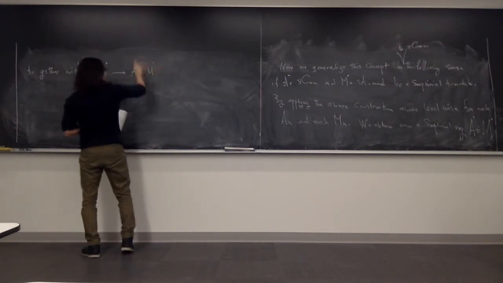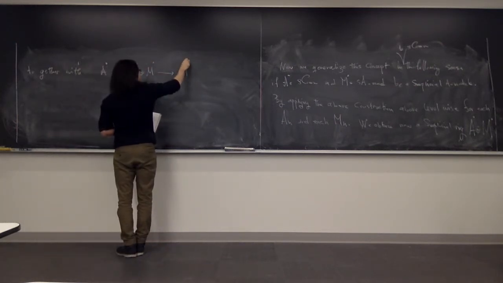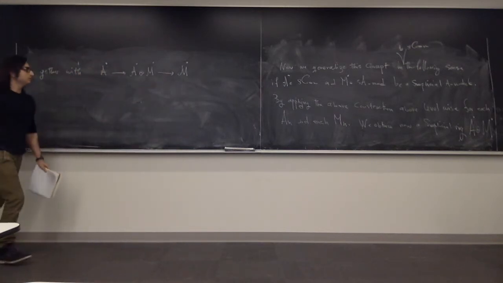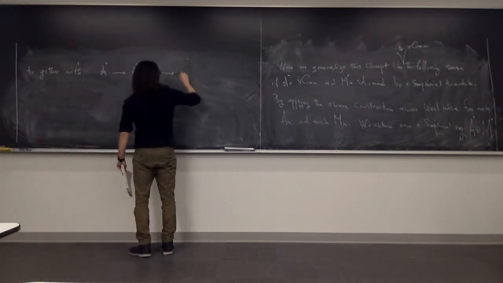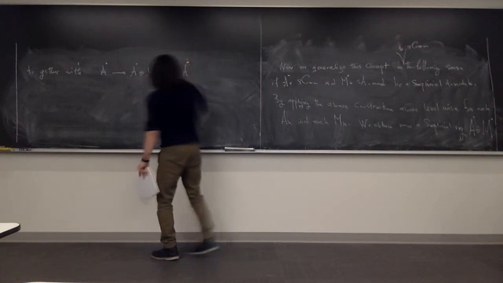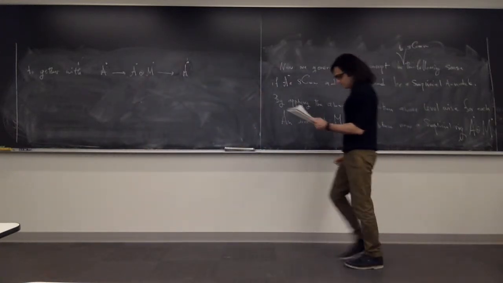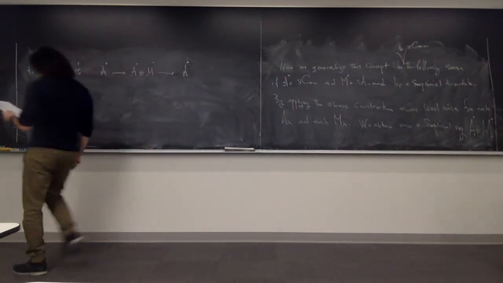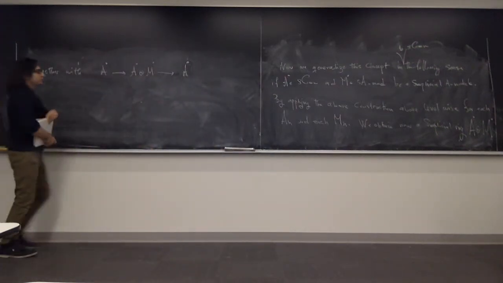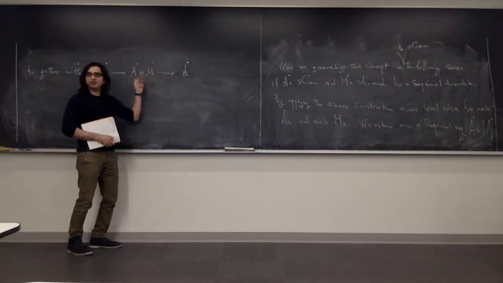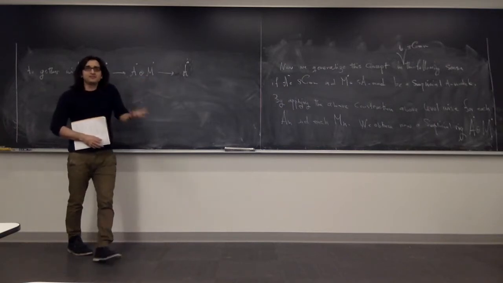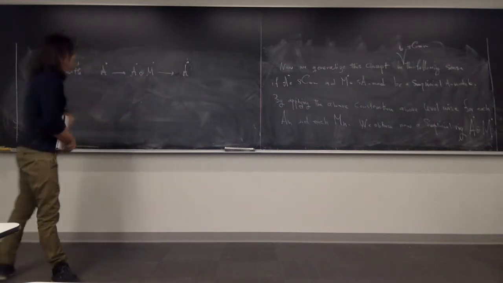This is the simplicial extended ring, which is the extension of A by M. Each level satisfies the same properties. Now, of course, the set of morphisms from here to here is some notion of derivations, but it's a simplicial version of that notion.